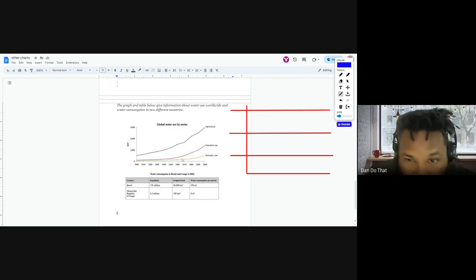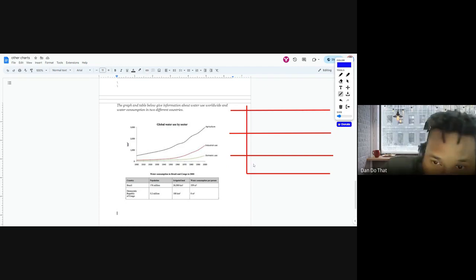All right, so domestic use is 0 in 1900. Then by 1920, it's still 0. So by 1950, it goes up a tiny bit.